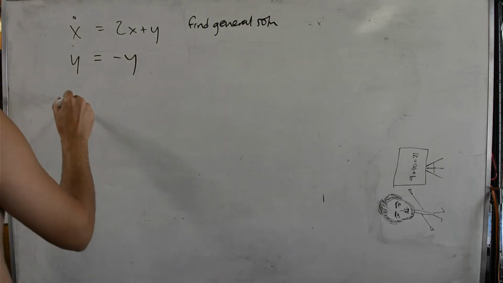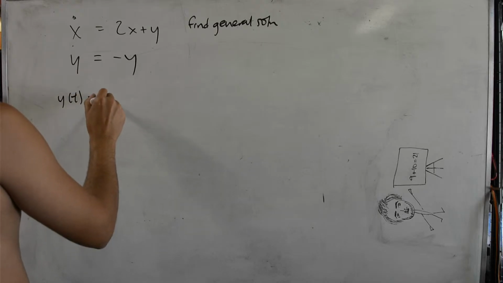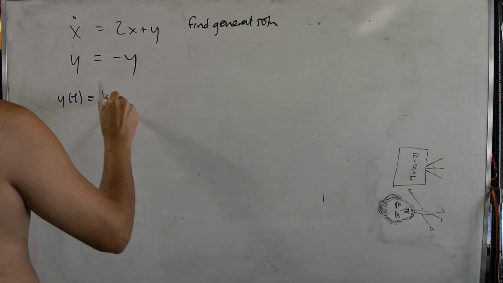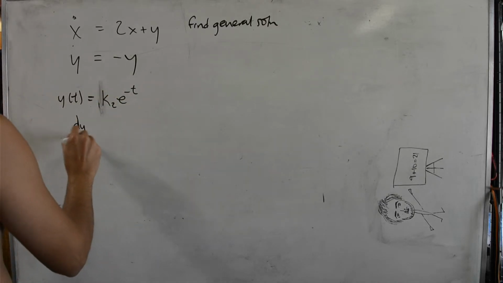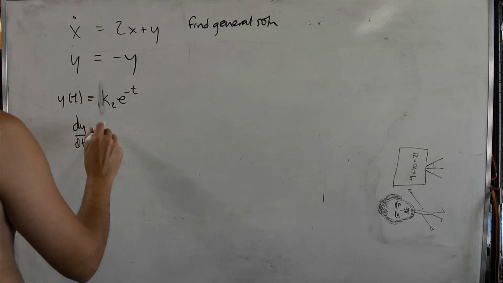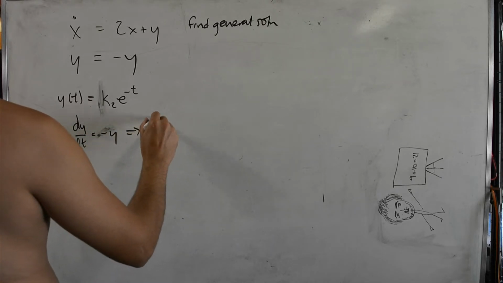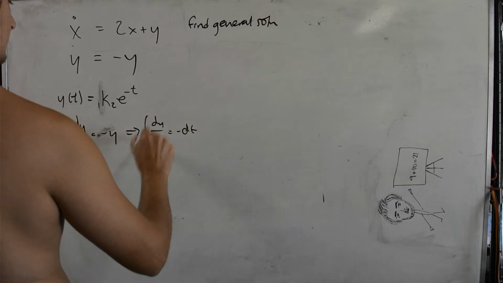So y of t is clearly c. Or let's do k2 e to the minus t, right? Because if you do dy dt is equal to minus y, you get dy over y equals minus dt, integral.